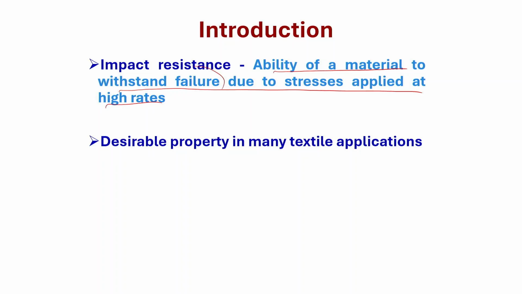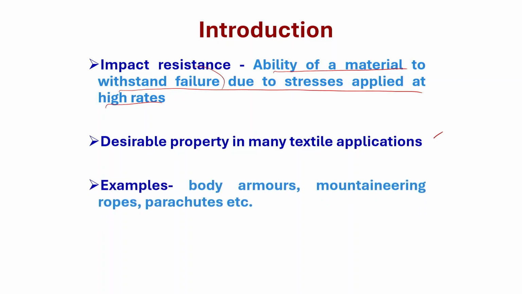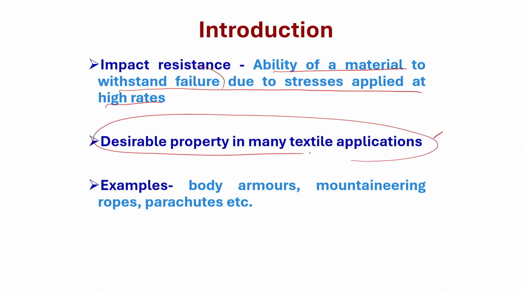So, the important properties are there in textile materials. Most of the high performance textile fibers have these properties. They can withstand the stress at high rate, like in body armor, mountaineering rope, parachute.